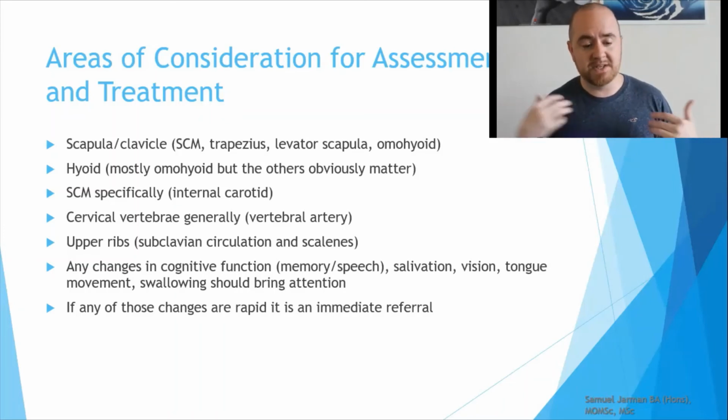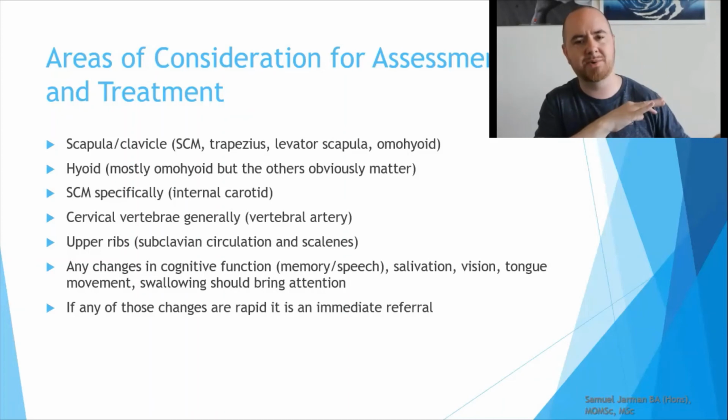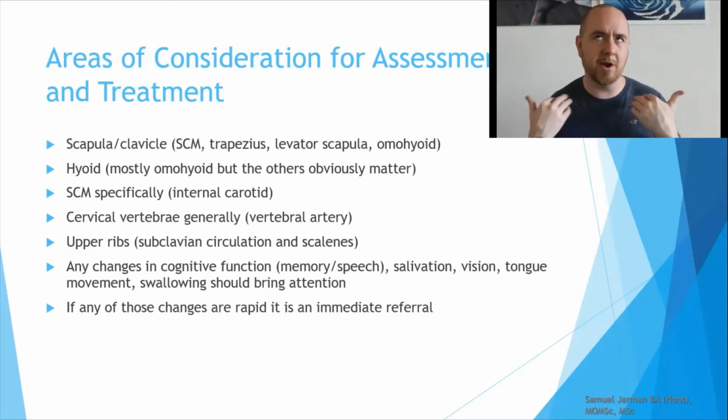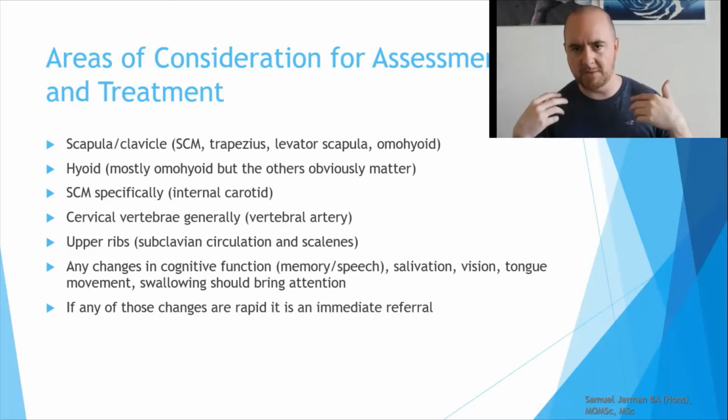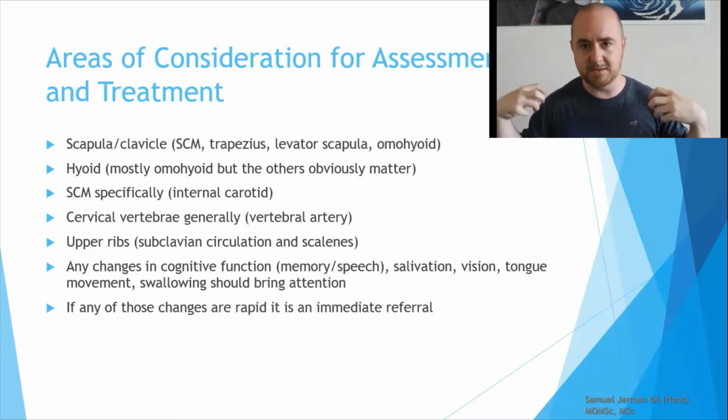The upper ribs, so you're considering the subclavian circulation and the scalenes essentially being passage points or points that can essentially impact pressure gradients with respect to the subclavian artery, as well as the subclavian vein to some degree. So if there's higher pressure on the subclavian vein, it's going to have a harder time accepting blood from the jugular system because it needs to be maintained at a low pressure.